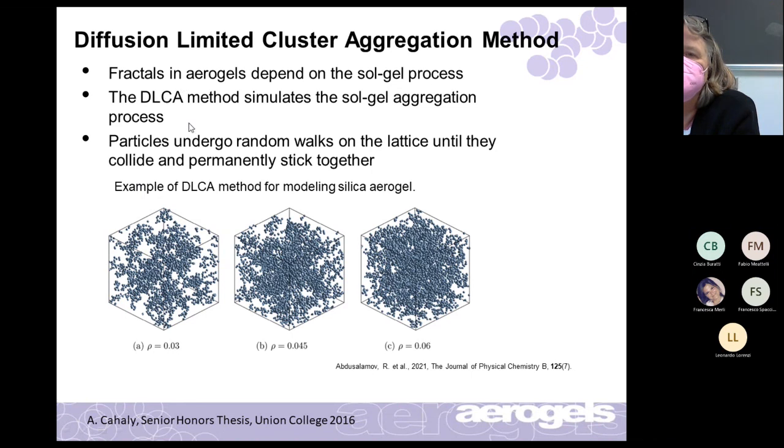So in DLCA, particles undergo random walks on a lattice until they collide. So they're just walking around and they collide and they attach. And this is some work from another group where they've assigned different densities, and this is sort of what they see when they try to create an aerogel structure.